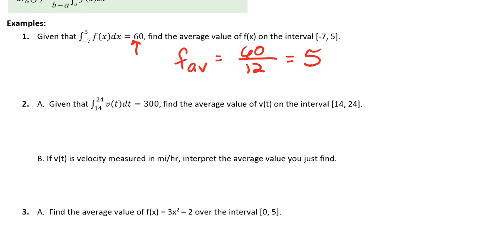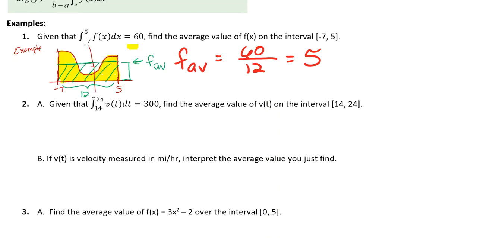Let me pause and draw an example of a graph here just to make sure we've got the right idea. So here's an example of a shaded area, and of course we don't know what our function is here, so I just drew a random curve, and our interval went from -7 to +5. So the integral is that yellow shaded area.